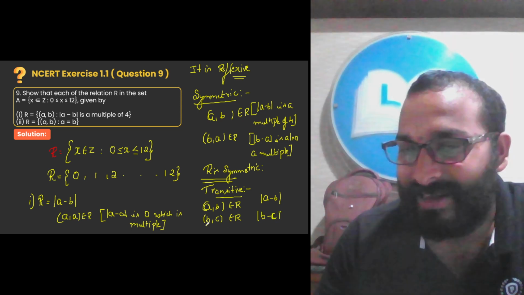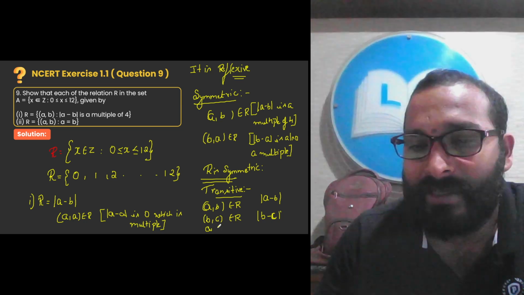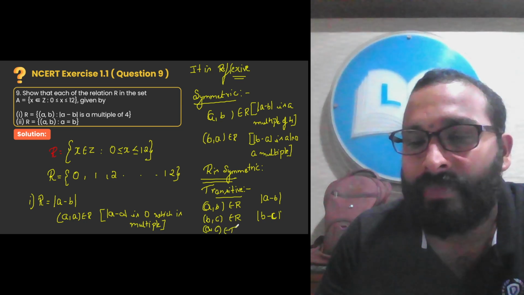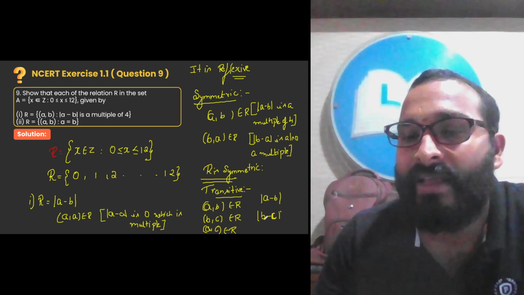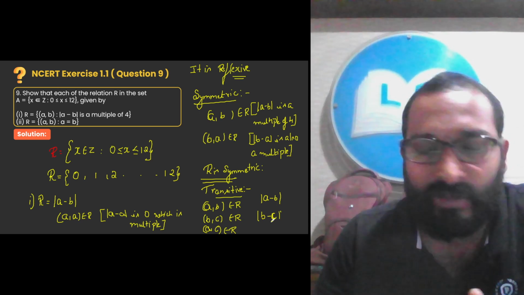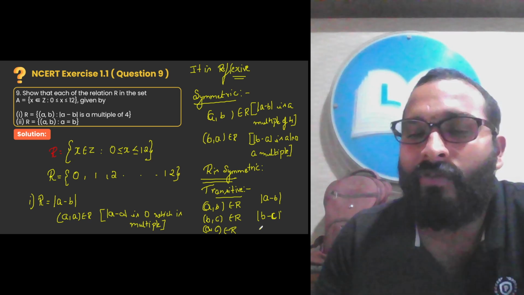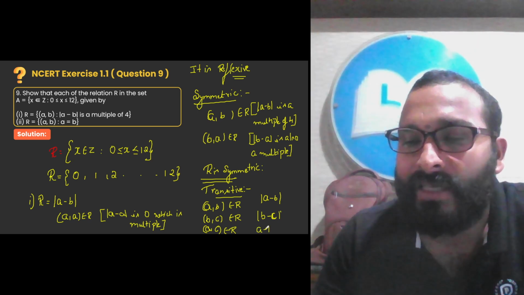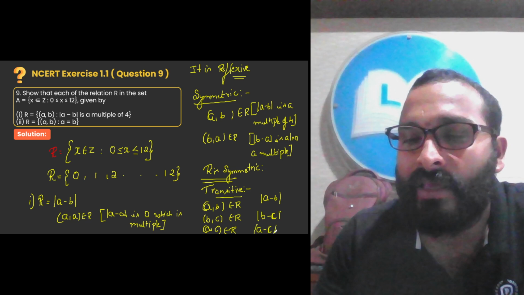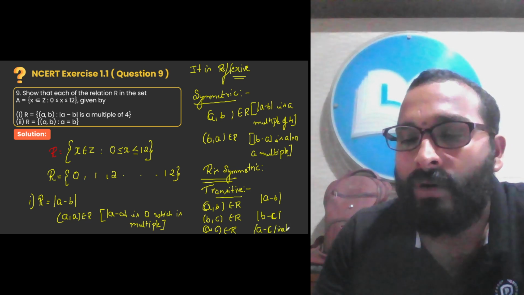Correct. So in that case, is (A, C) also true, children? Why I am telling this? Because add these two, children. When you are adding these two, if you cancel B, A minus C also will be a multiple of 4. So modulus of A minus C is also a multiple of 4, right?